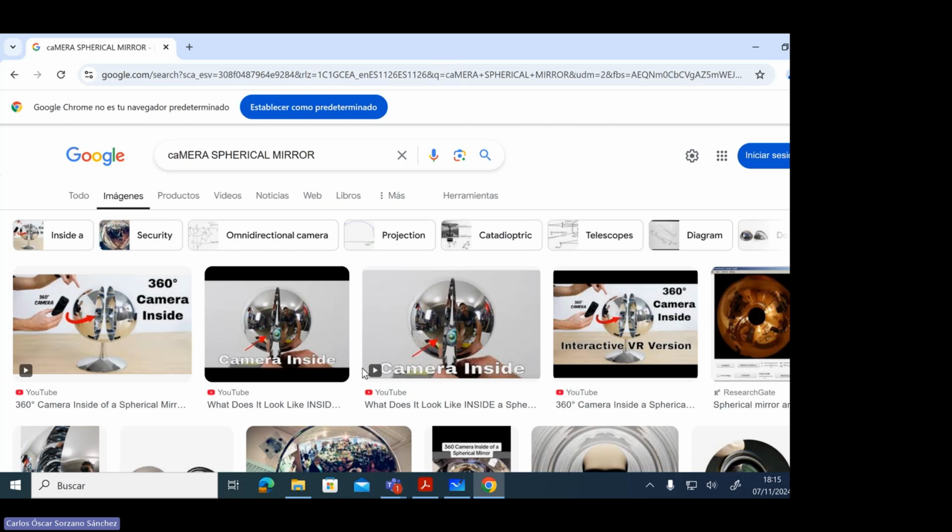So you put it in a spherical mirror, and then you are seeing the whole thing with this spherical mirror.